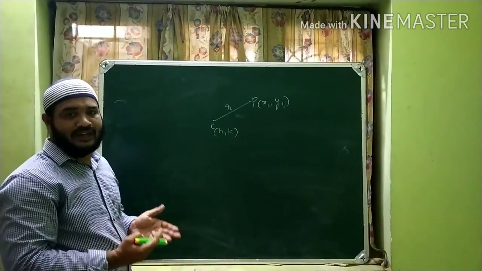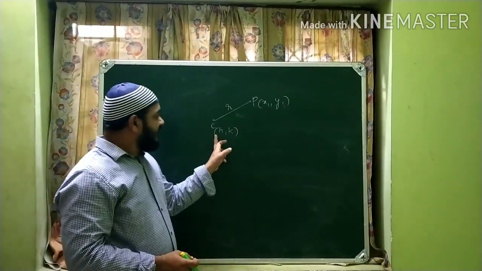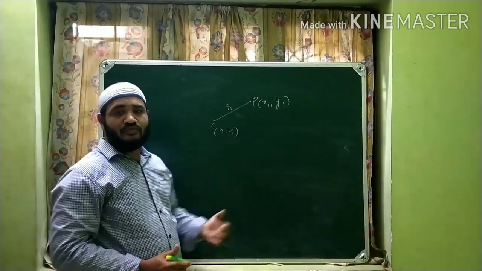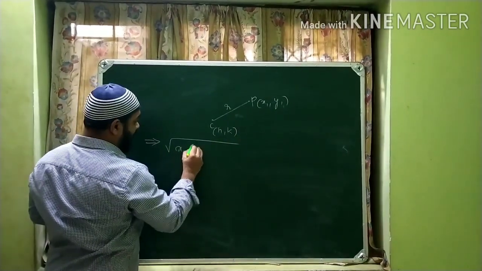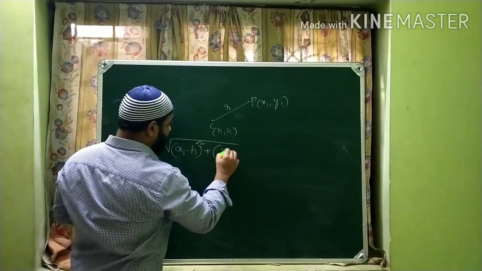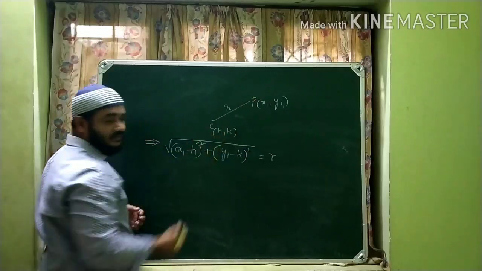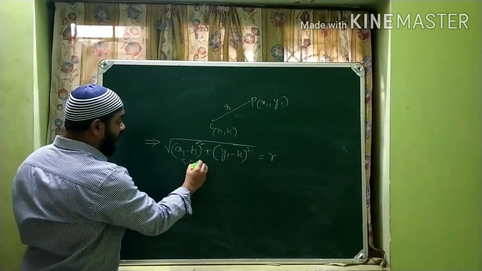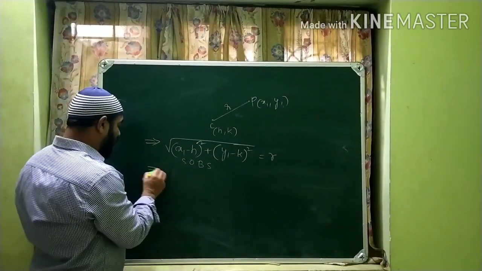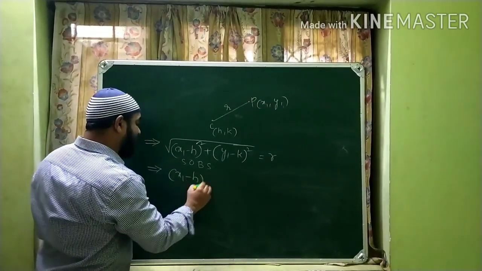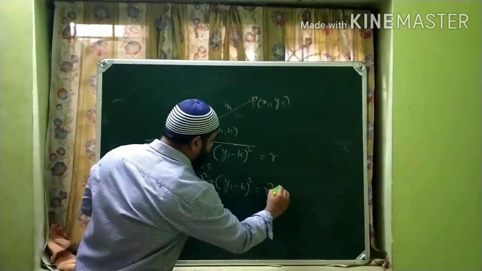Square root of (x2 minus x1) whole square plus (y2 minus y1) whole square. In the same way, C (h, k) and P (x1, y1). What is the distance between the 2 points? Square root of (x1 minus h) whole square plus (y1 minus k) whole square is equal to what? R. So now squaring on both sides so that square and root will be cancelled. So (x1 minus h) whole square plus (y1 minus k) whole square equals r square.